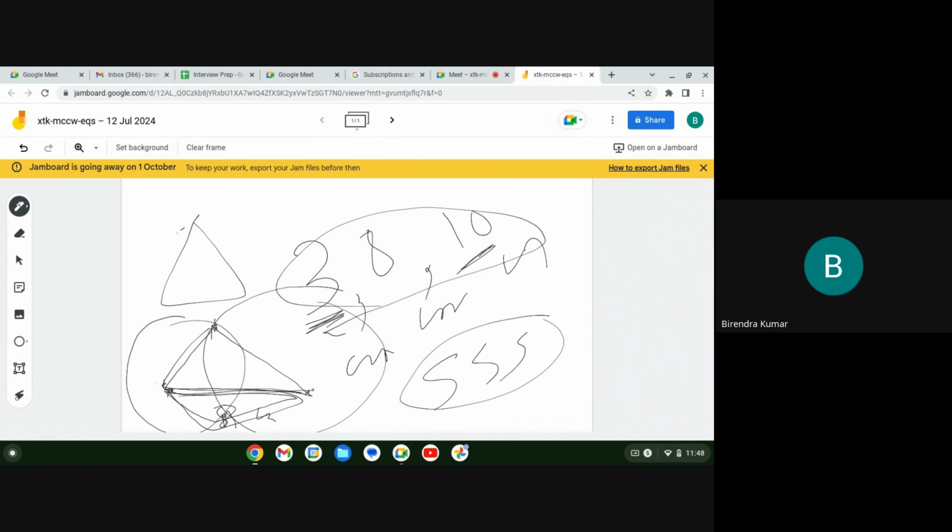So try drawing two triangles and tell me if you're able to make two triangles which look different. And you have 5 minutes. Let's see if it is fun.